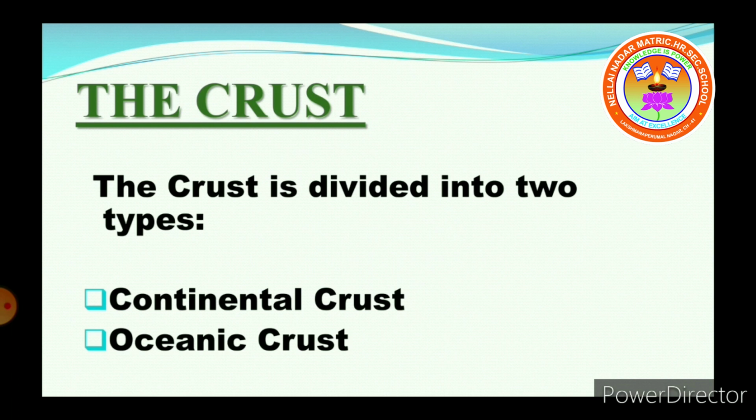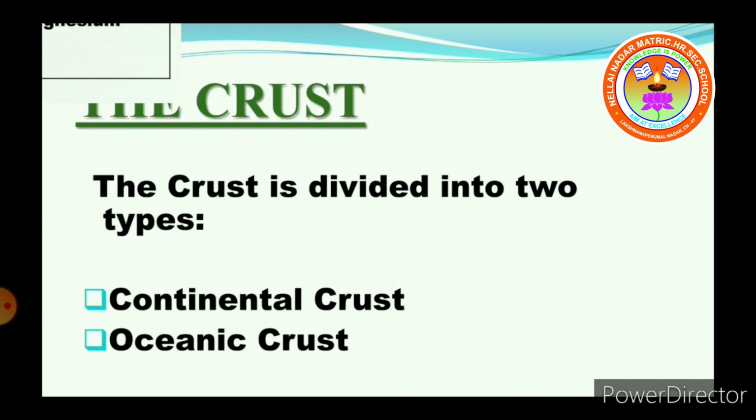Oceanic crust: the underlying ocean floor is called oceanic crust. It is composed mostly of dense rocks such as basalt. Basalt means thick rock types.